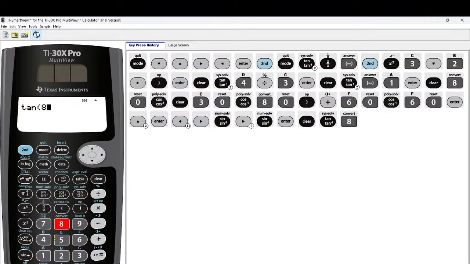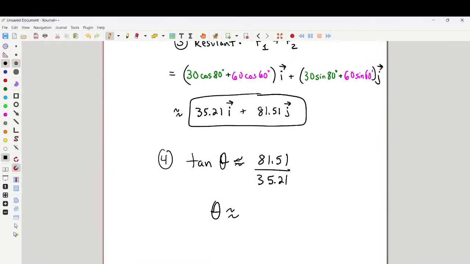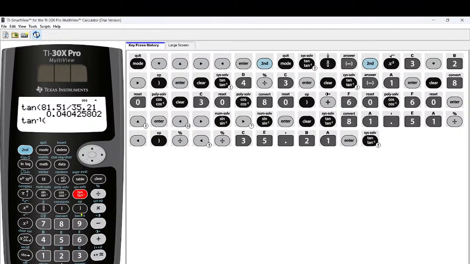Nope. Oops. Oh, that's not going to be right. No, I did have it right. Divided by 35.21. Hey, what did I do wrong? There we go.